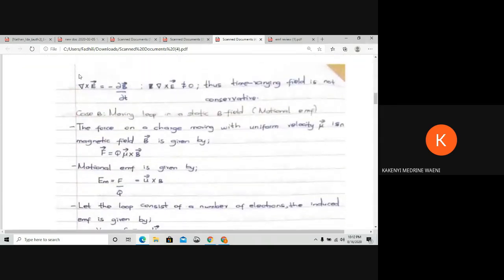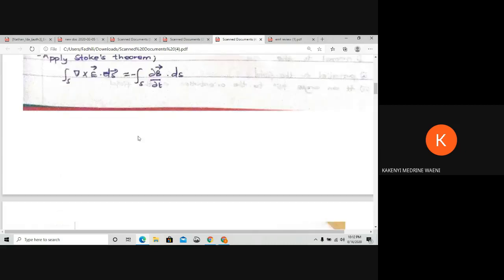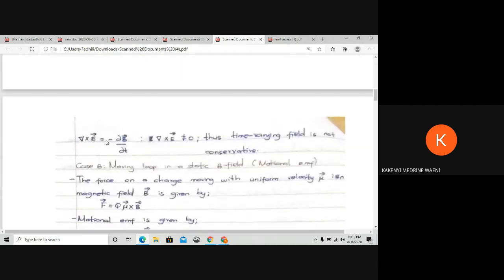So it ends up being the curl of E is equal to negative, sorry, the partial derivative of the flux density. Then the curl of E is not equal to 0, meaning that the time varying field is not conservative.